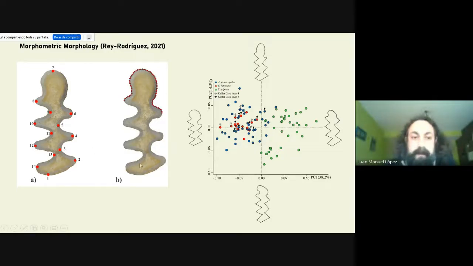This is an example of the manuscript that he published about one species of this kind of voles that is found in Iran, and the comparison of the different species and the morphometry that helps to separate some of these species one from another.